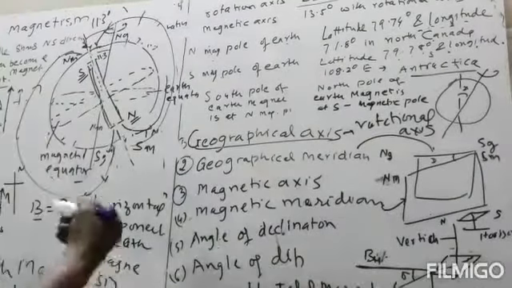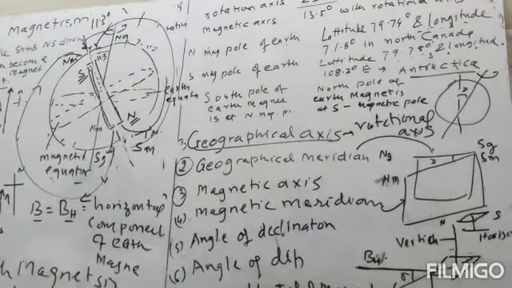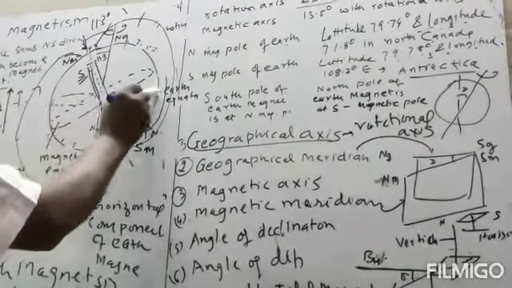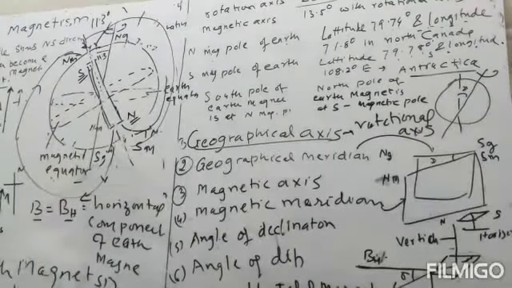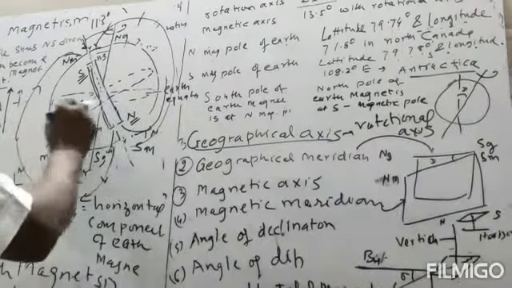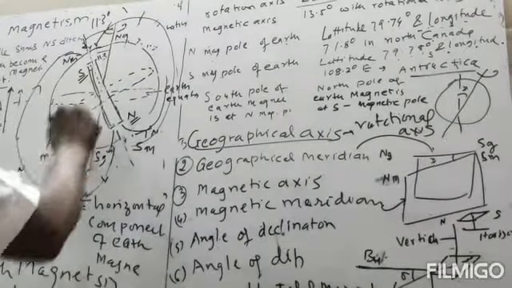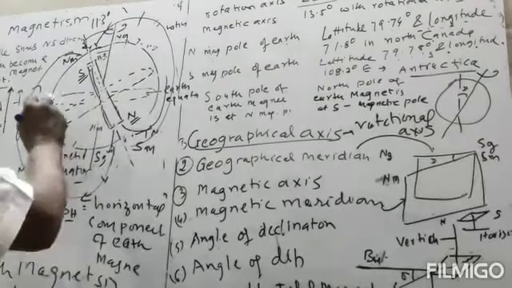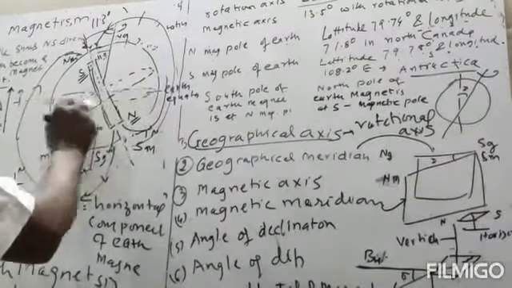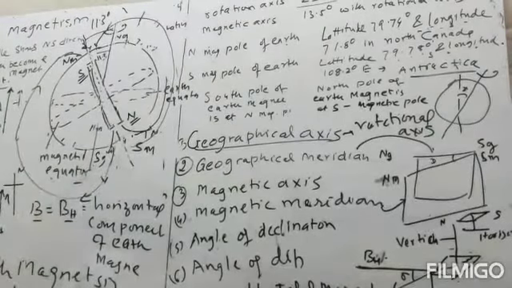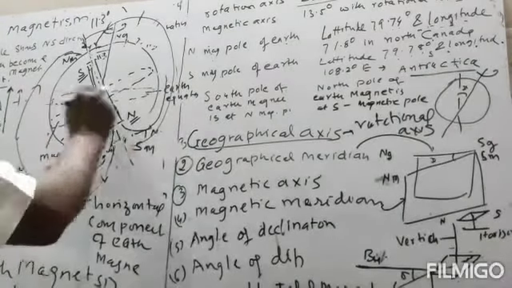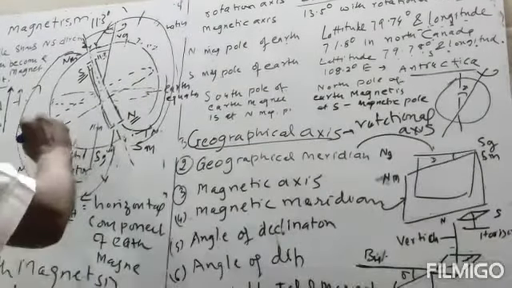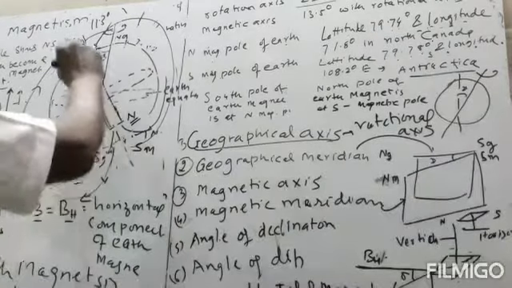Now what is the earth equator? The earth equator will be the larger circle plane which is perpendicular to the geographical axis and passing through the center. Sorry, this will be the earth equator plane, and similarly the magnetic equator plane will be perpendicular to the magnetic axis.